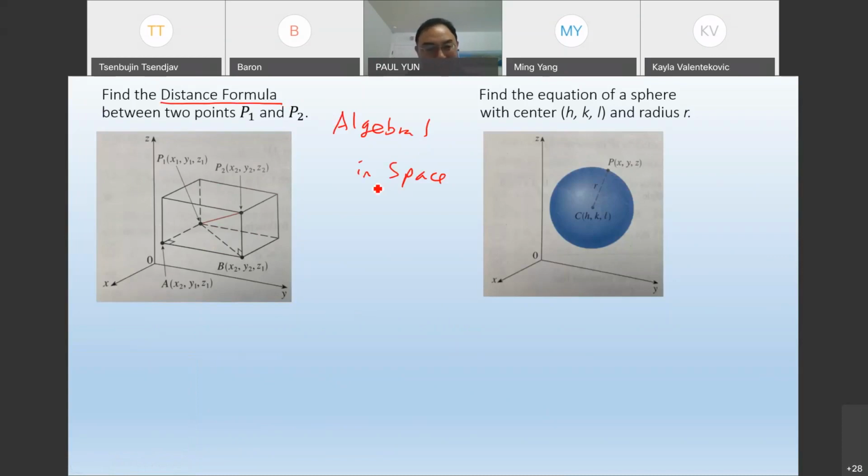Let's say we want the distance between these two points, here and here. This is x sub 1, y sub 1, z sub 1.